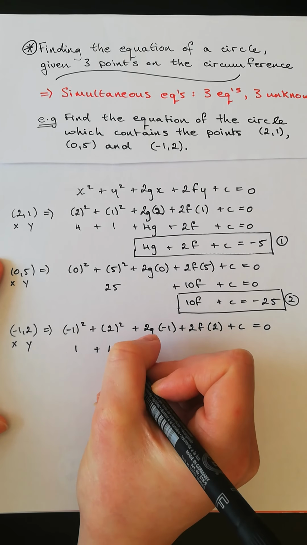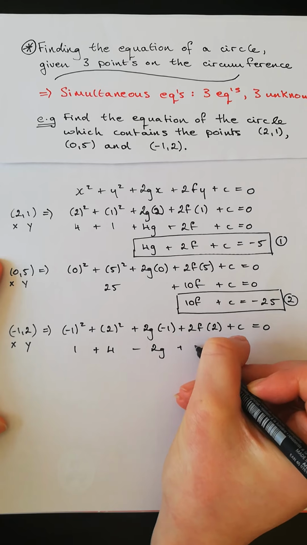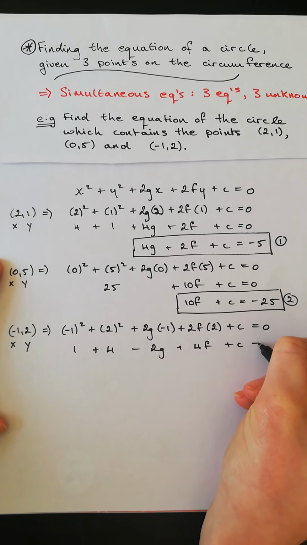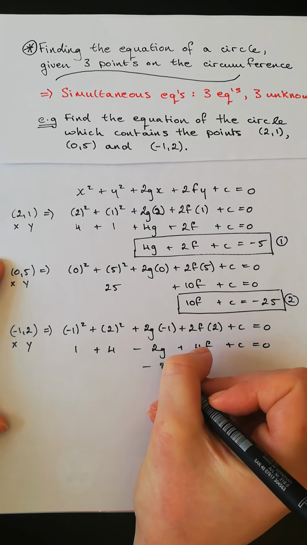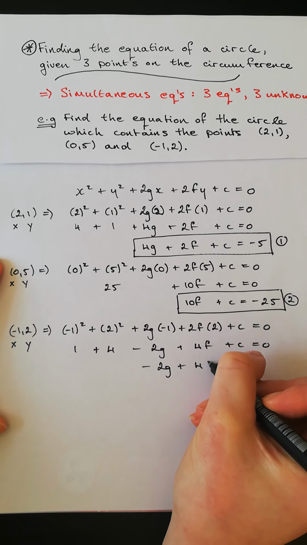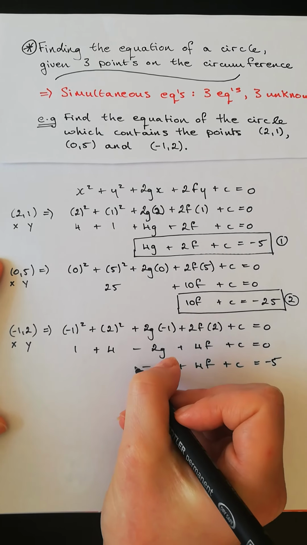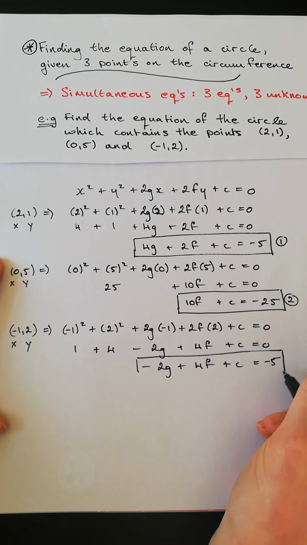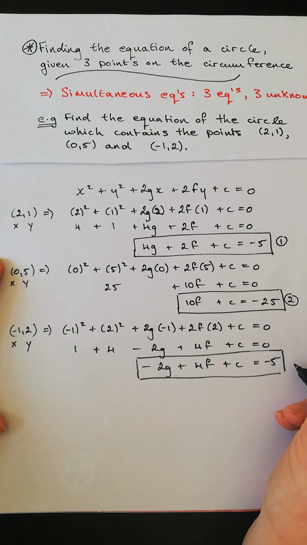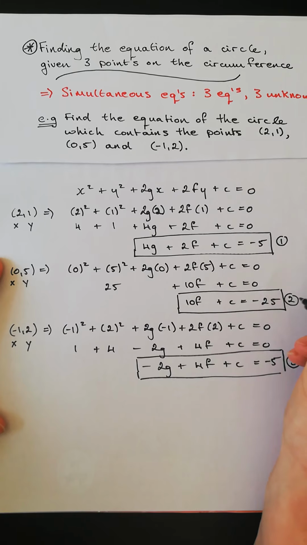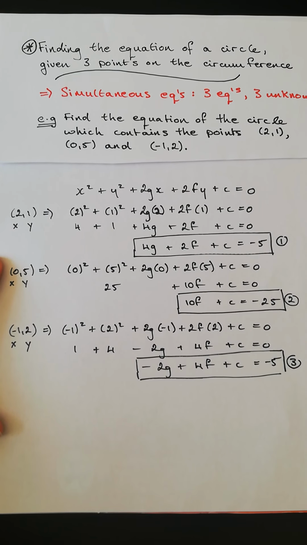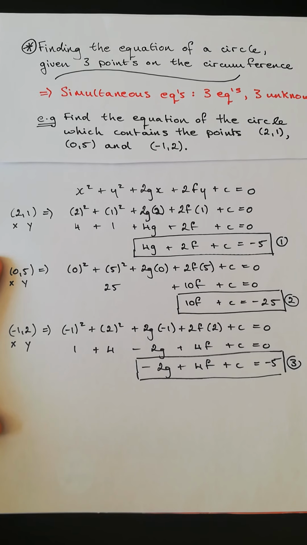That's 1 plus 4 minus 2g plus 4f plus c equals 0. Minus 2g plus 4f plus c equals minus 5. Okay, that's that 5 there, and I just subtracted from both sides. And now I have my 1, 2, 3 equations to be able to solve my 3 unknowns.